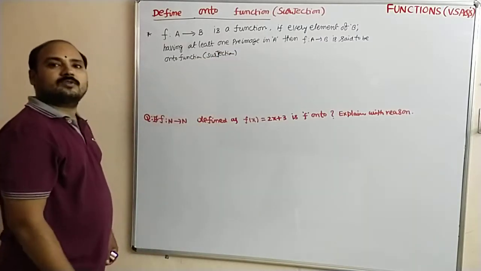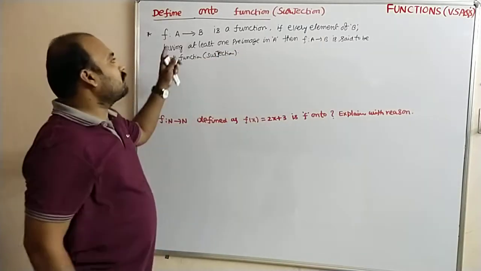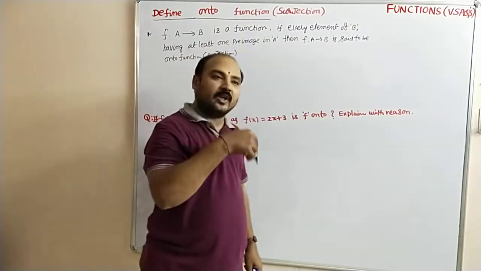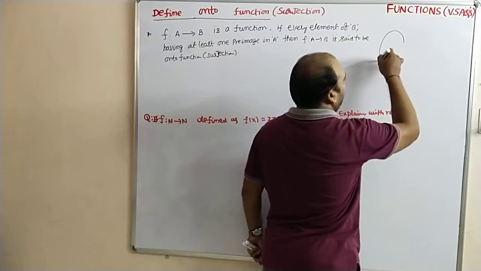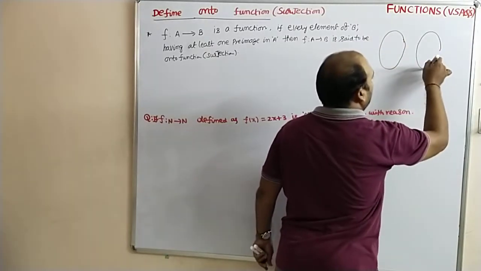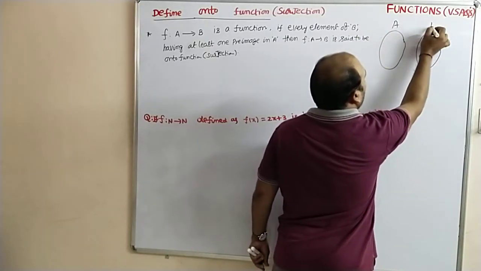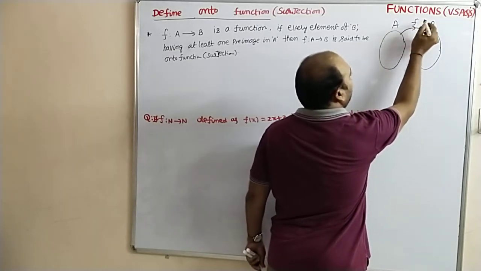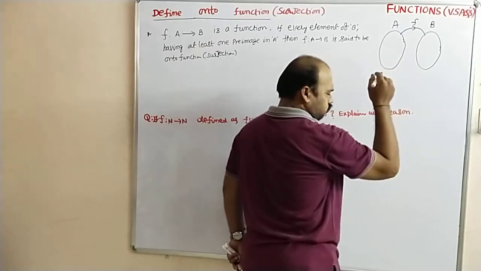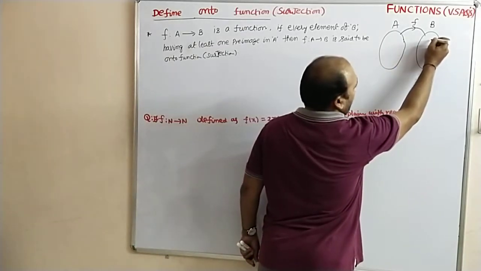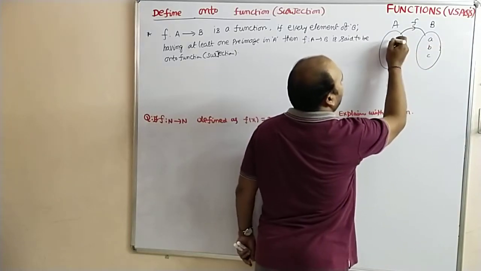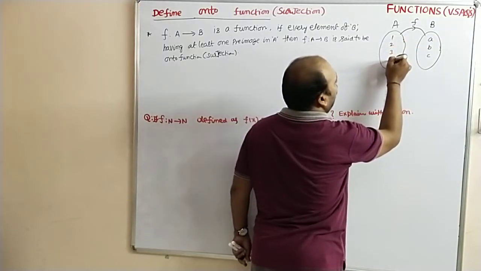Onto function or surjection: f from A to B is a function if every element of B, here this is the domain and this is the codomain, A and B. f is defined from A to B. Every element of B, here I am taking a, b, c, and here 1, 2, 3, 4.